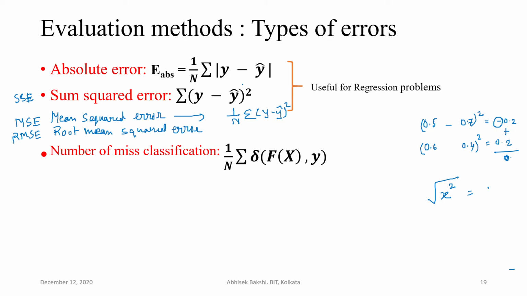One more error measure is left, that is the number of misclassifications. You see, this delta function is used in the case of a classification task. Now, what is this delta function?